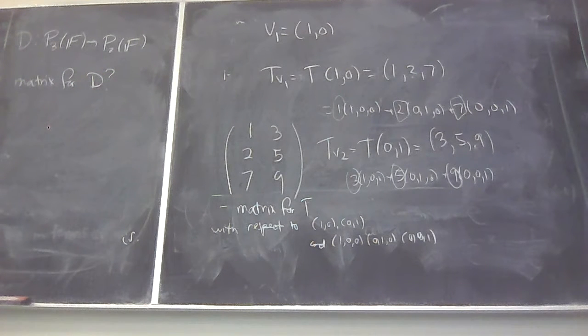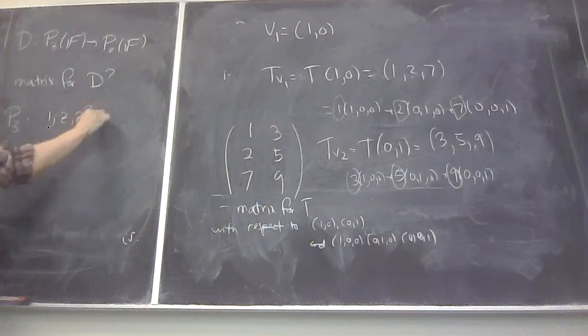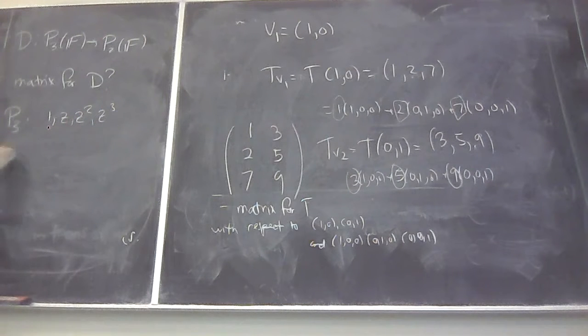What do I need to get started if I'm going to write this matrix down? Okay, what's a good basis for P3? 1, Z, yeah, we use Z because it might be complex numbers, right? So Z, Z squared, Z cubed. There's our input basis. And our output basis is 1, Z, Z squared, right?